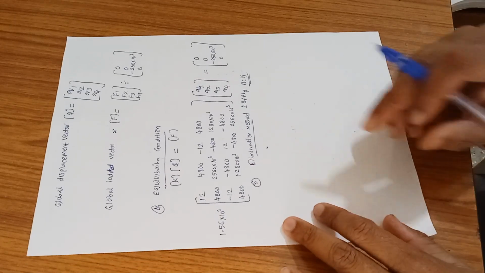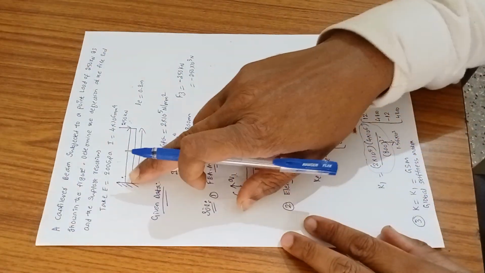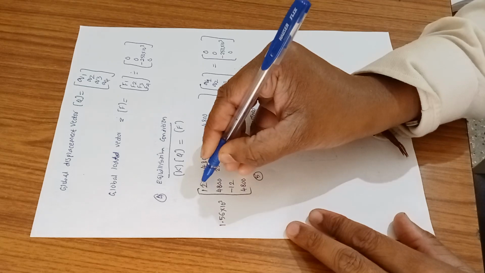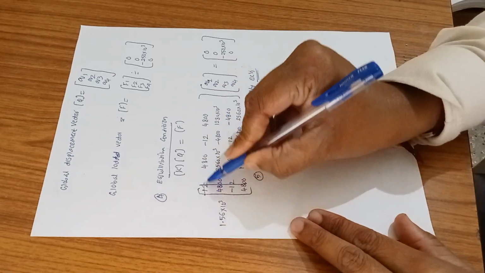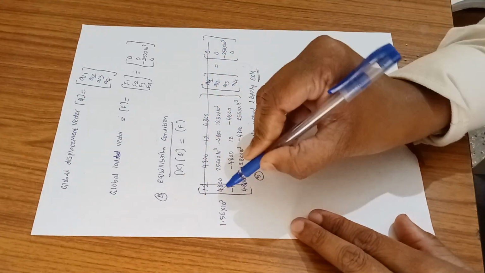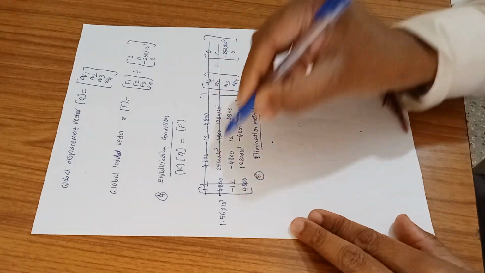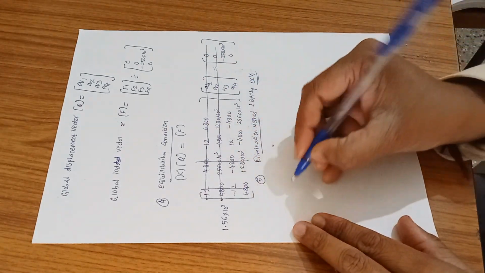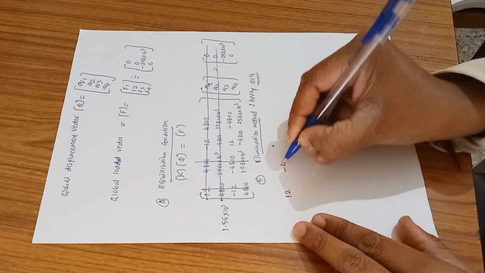So therefore first row and first column, second row and second column are eliminated, because node 1 is fixed, and at node 1 there are two displacements 1 and 2, that is q1 and q2. Therefore I'm going to eliminate this first column and first row, and also second row and second column. So they will be eliminated. Now let me try to write the remaining elements of this matrix.